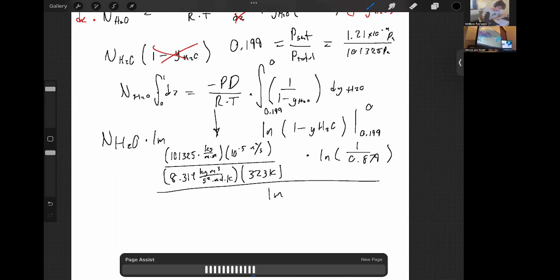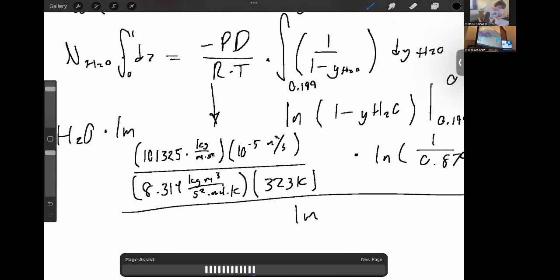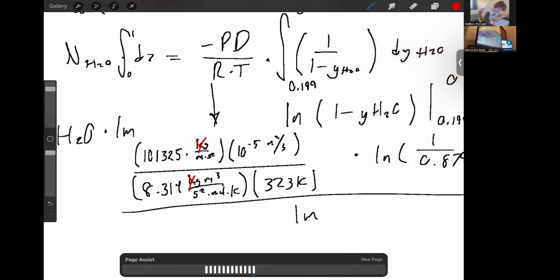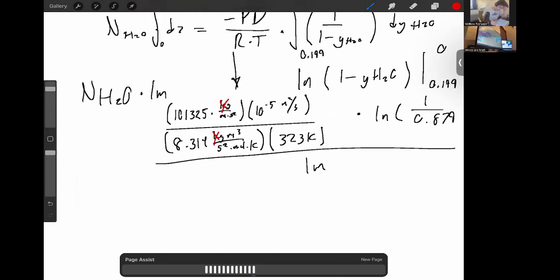I'm going to go ahead and cancel out some units really quick. We have no kilograms in our system. We divide by that. Actually, it divides that, so it's over 1 meter.